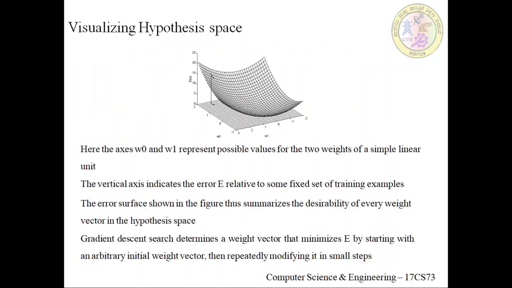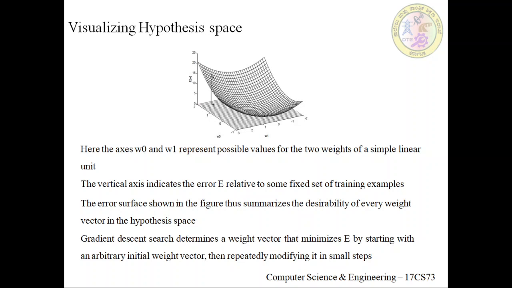Now let's see what the hypothesis space looks like. To understand the gradient descent algorithm, it is helpful to visualize the entire hypothesis space of possible weight vectors and their associated E values, which is shown in the figure.